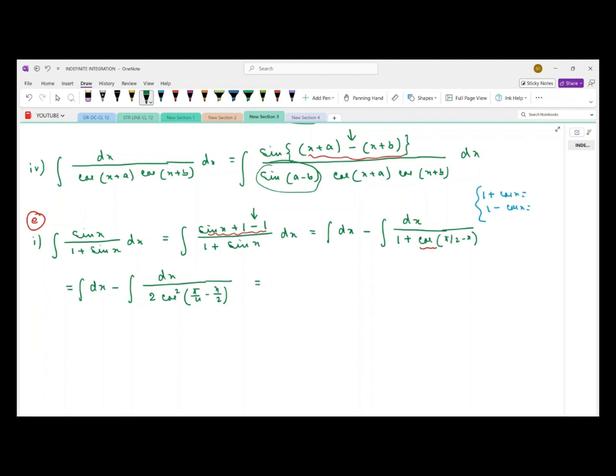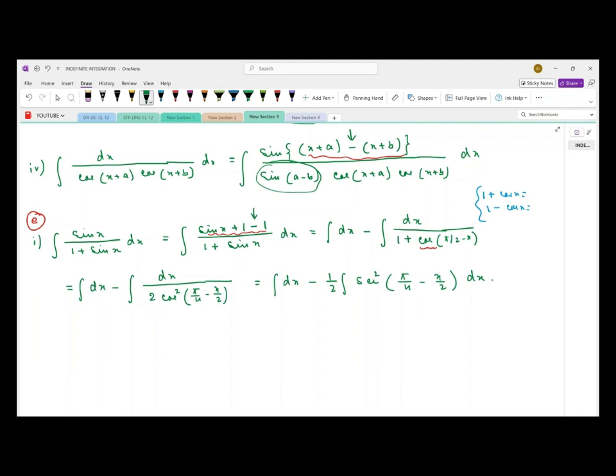So that is integration dx minus half integration sec square of pi by 4 minus x by 2 dx. Now you can integrate this because you can break sec square into 1 plus tan square, and then you can integrate that. Or you have a direct formula for sec square x, so you can do it.